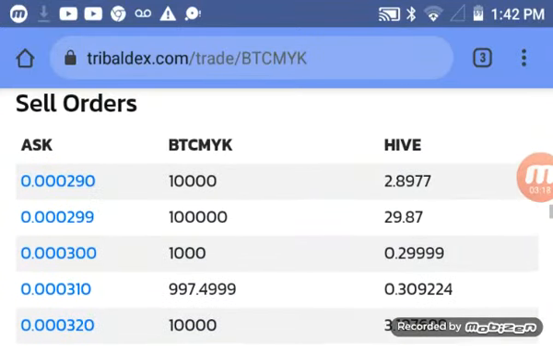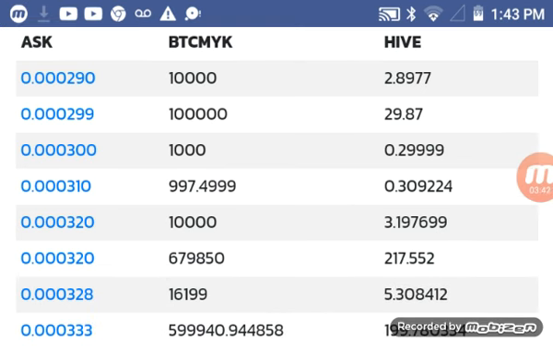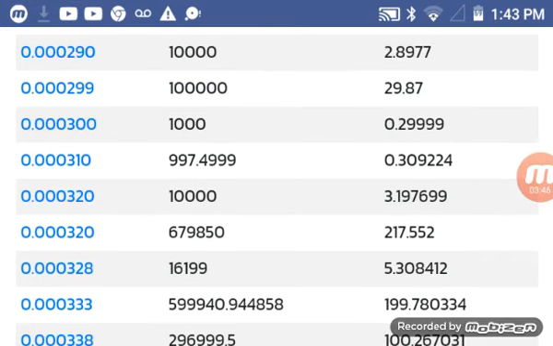But here's what we want to show you. If you look at the sell side of this cryptocurrency, and there are thousands of people holding it, I believe it's something like 20 something thousand people, and that number is going up every day. But if you look at the prices of the Bitcoin MYK token that you can mint for free, you see people are asking something like around 0.00029 for it, right?